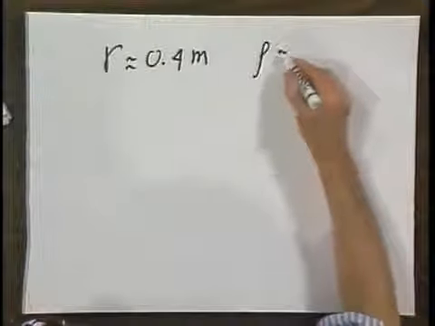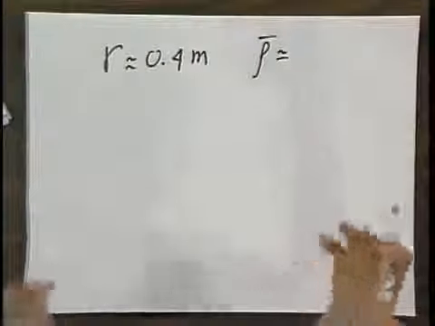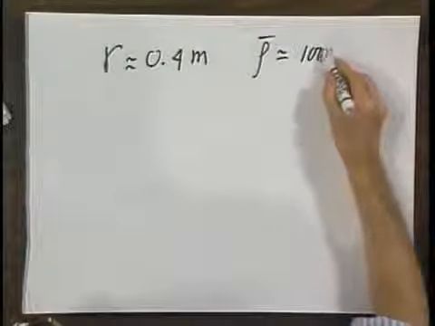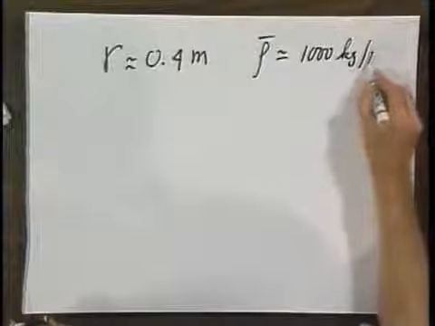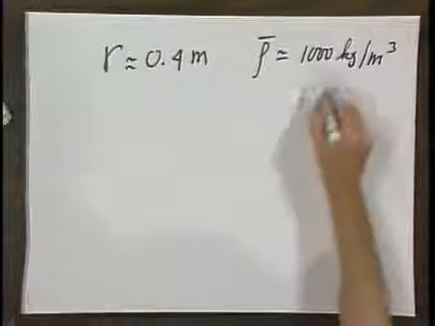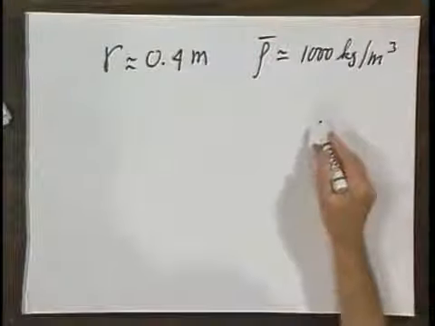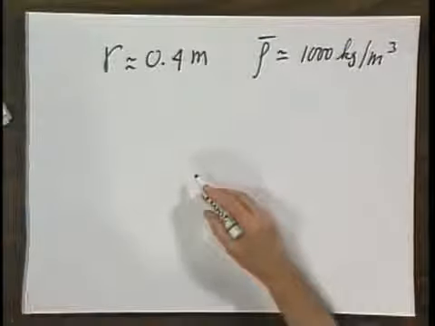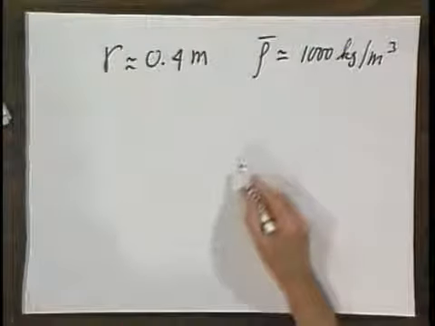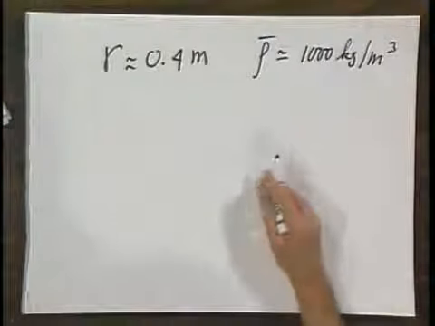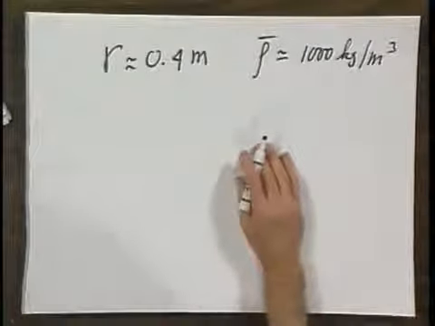The mean density of a person, we're almost all made of water, so the mean density is approximately the same as that of water, 1,000 kilograms per cubic meter. It's a little more, because when you go into a swimming pool, you sink. But it's close enough for all practical purposes.